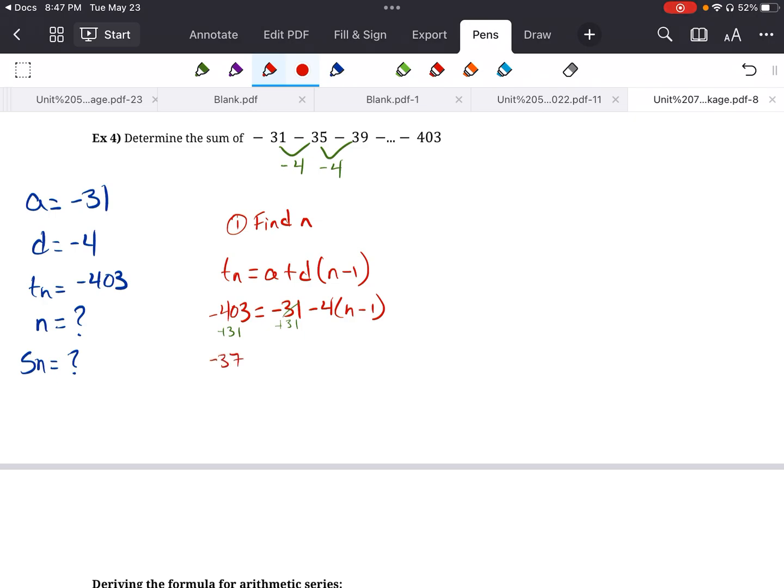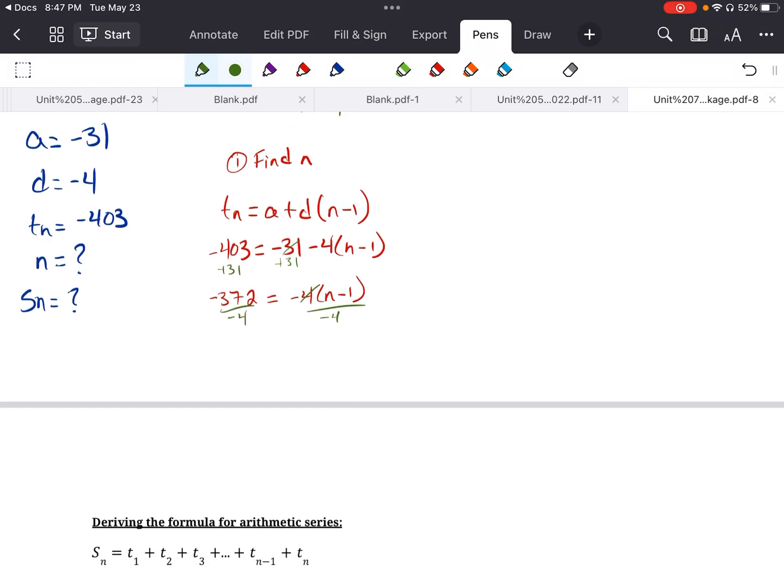Okay, negative 403 plus 31 is negative 372. We will then divide that by negative 4, sorry. And we get 93 equals n minus 1. So 94 equals n. Okay, now we know n.